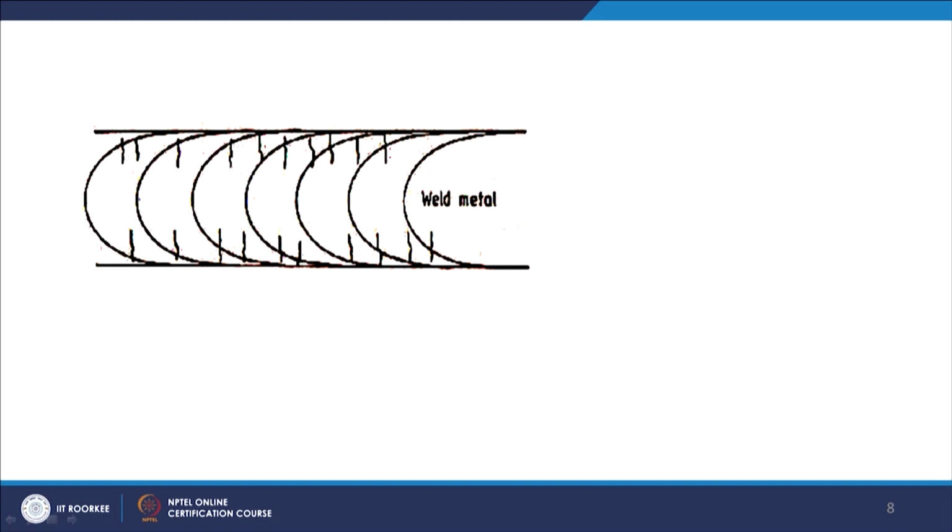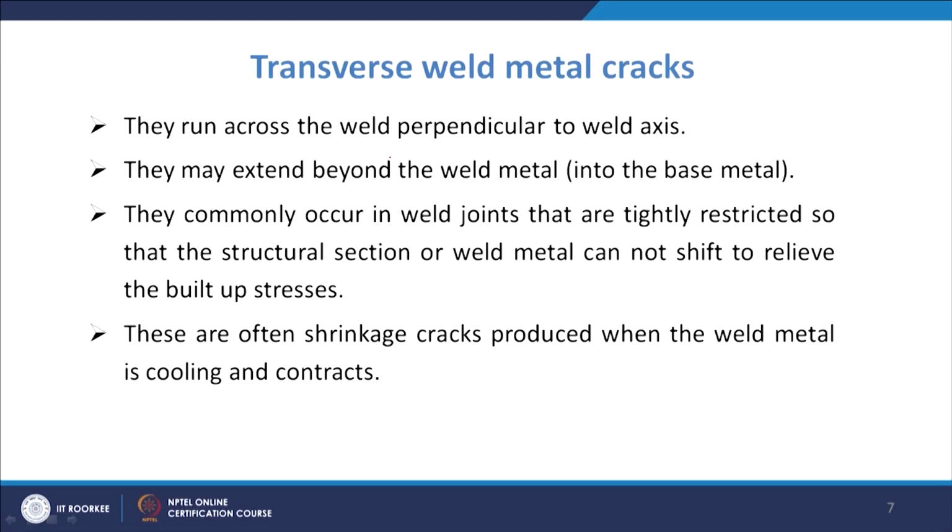In many cases, they may extend beyond the weld metal and go even into the base metal. They commonly occur in weld joints that are tightly restricted, so that the structural section or weld metal cannot shift to relieve the built up stresses. As we studied earlier, when there is a restriction imposed, it is very difficult for the stress to be relieved.